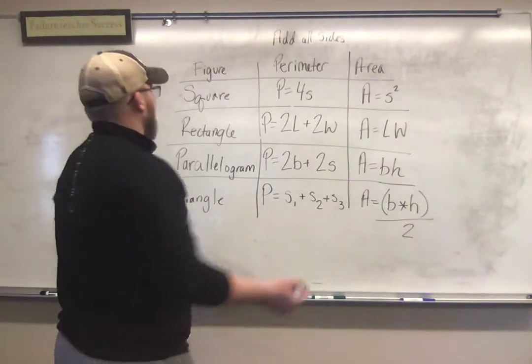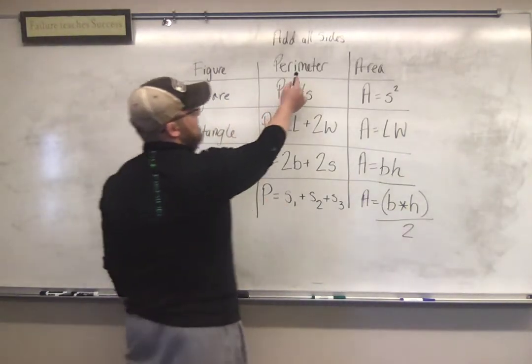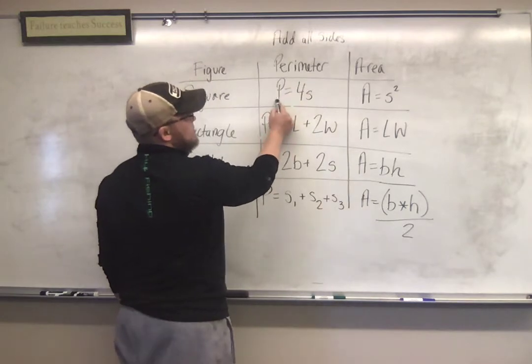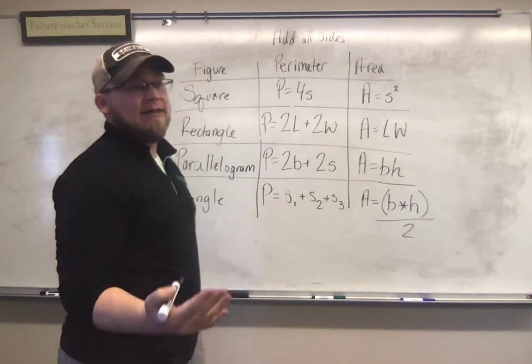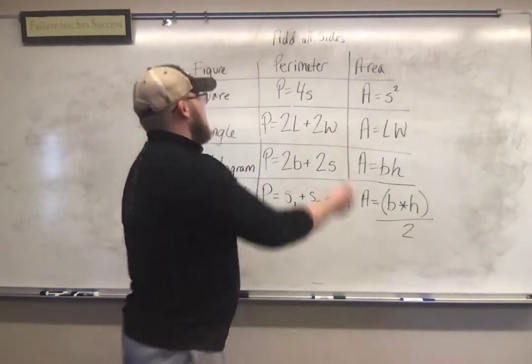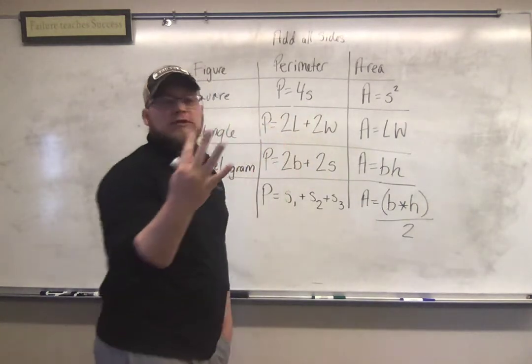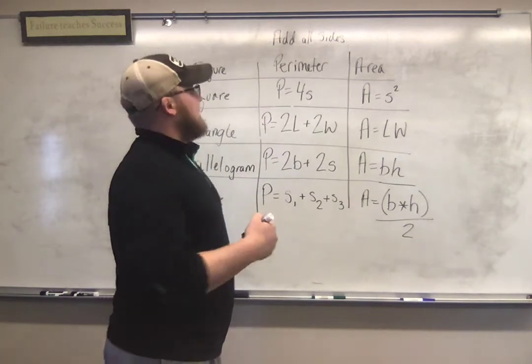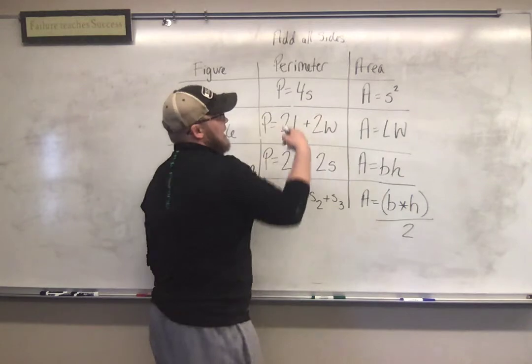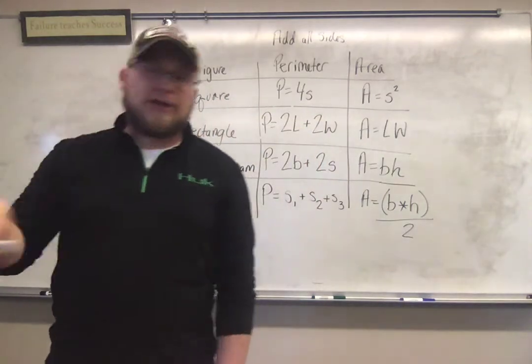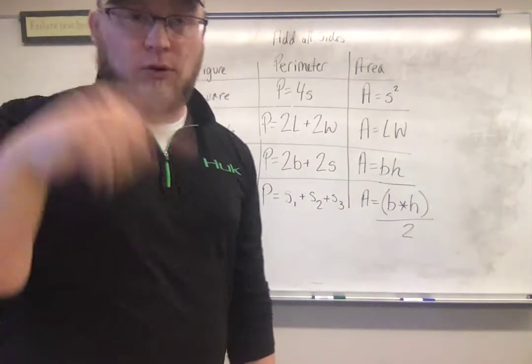For a square, you take the side length, that's what this S stands for. Whatever the side length is, if it's 5, you times that by 4 because there's 4 sides. If the side length is 22 inches, you do 22 times 4, and that gets you the outer edge of the square around the whole thing.